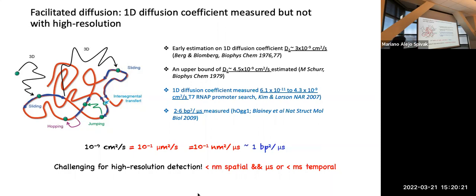But meanwhile, you can see for experiments, if you want to detect the base pair movement, you want a time resolution of microsecond or at least below millisecond, and a spatial resolution of several angstroms, below 1 nanometer. Dealing with just one, high spatial or high temporal resolution, is achievable.